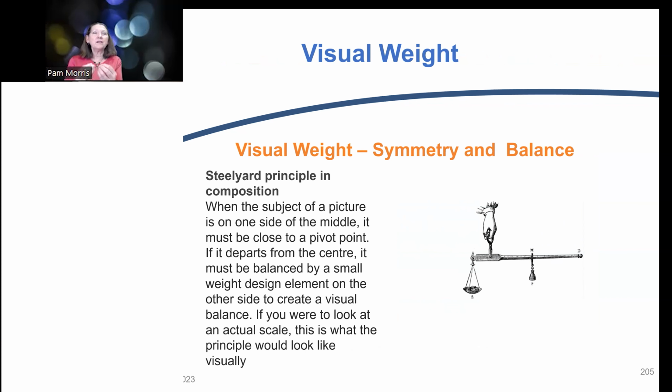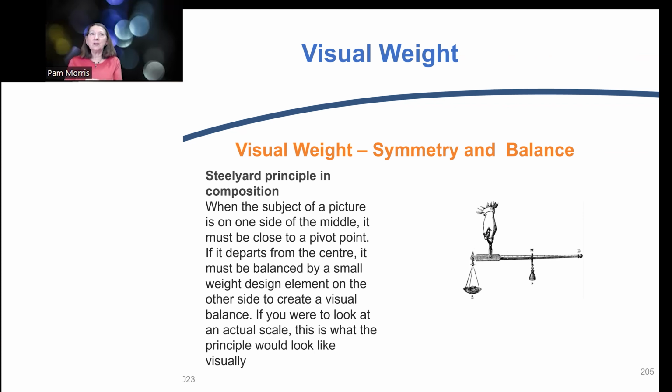There's a lot of elements, and we're going to have a look at them, that give something visual weight. But where we have them placed within the image is a bit like putting them on a beam balance. And if we put the subject right slap bang in the middle, it will give us balance, because that's what happens in a beam balance.